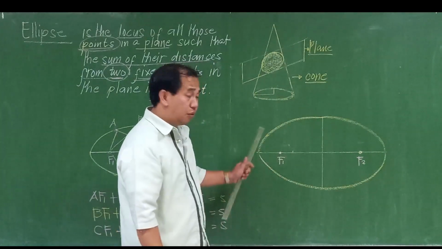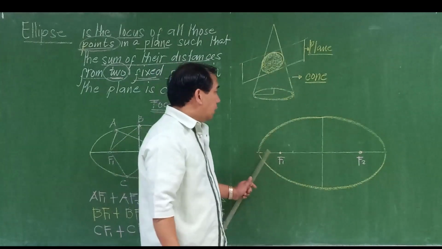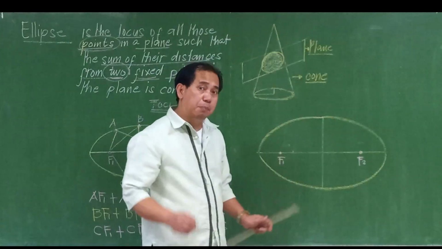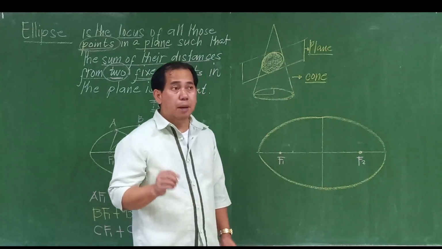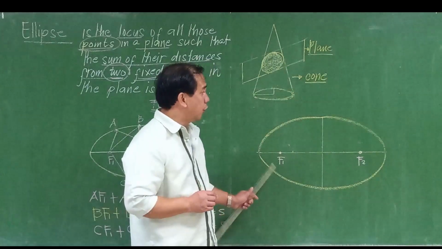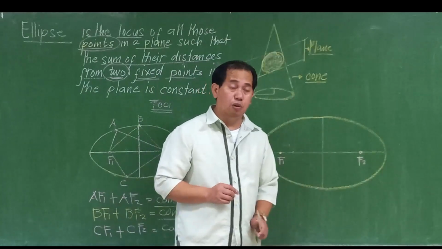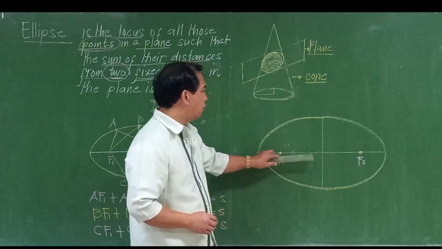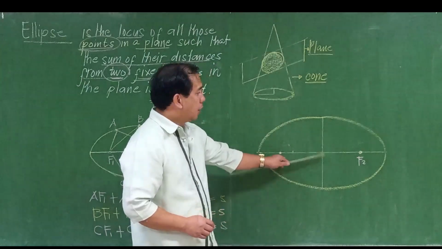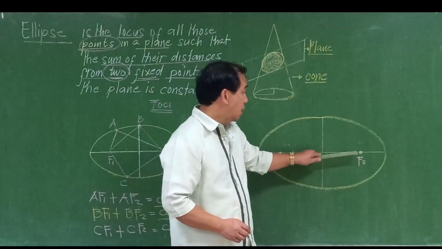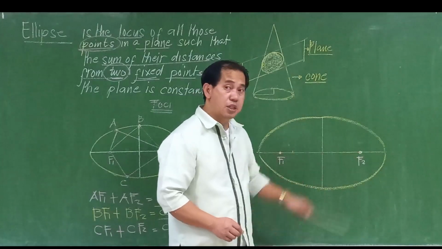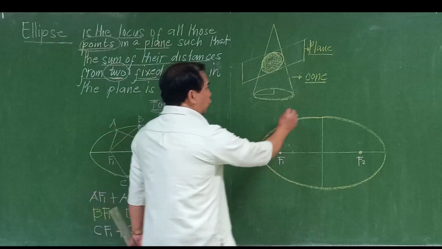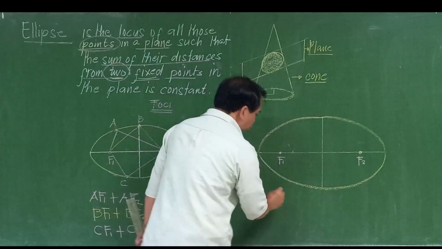Now, notice that the fixed points are the reflection of each other. So, there is the property of reflection also in the idea of ellipse. Whatever distance that I have from the center to focus 1 is the same as the distance from the center going to focus 2. And as I said, these are now called the focus.